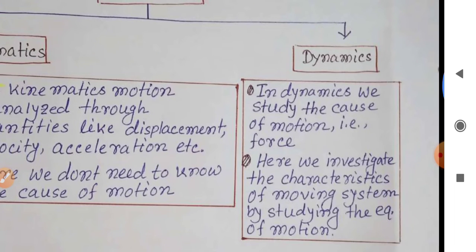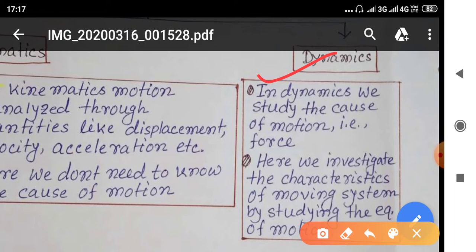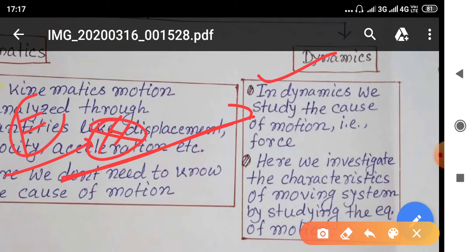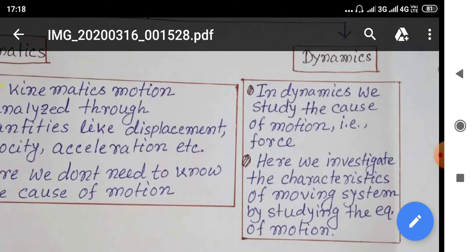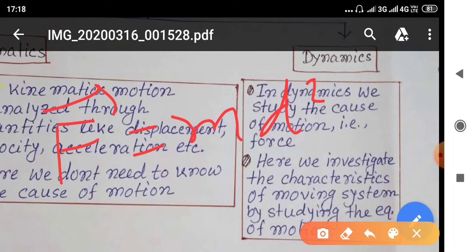But when we are dealing with dynamics, then we must know the cause of the motion. That means when an object is in motion, we can guess that there must be a certain external force applied on that object, and to analyze the motion of that object, we have to solve the equation of motion, that is F is equal to ma, and the differential form of this equation becomes F equal to m d2r by dt2.